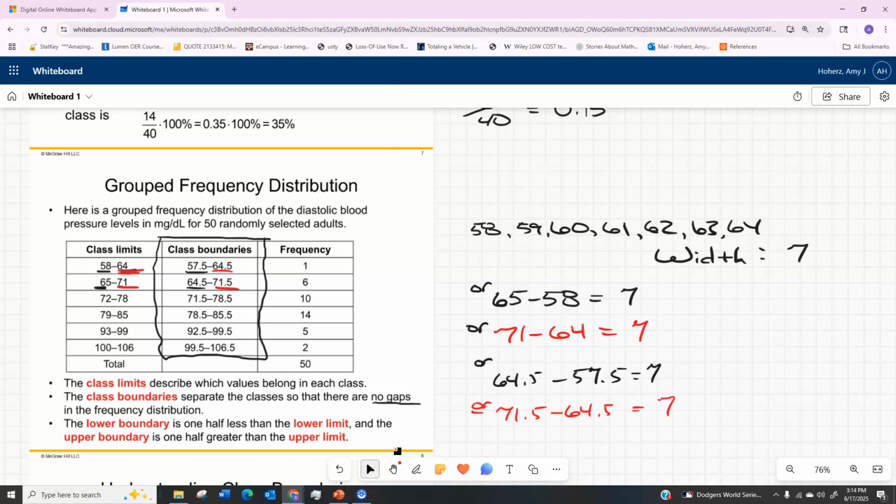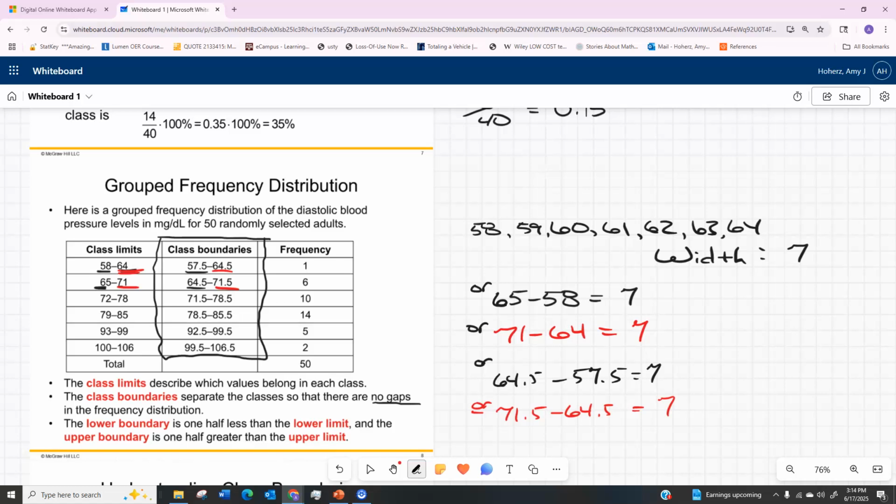So I would recommend you just stick with one way, whichever way makes the most sense to you to determine a class width. I typically go with the lower limit of the class to the next lower limit of the class. But they all work. So if one of these others makes more sense, if you like going from the upper to the upper and subtracting those, that's fine.